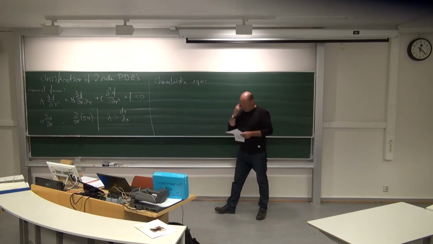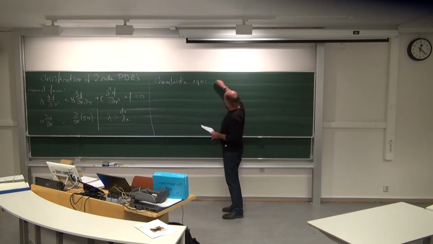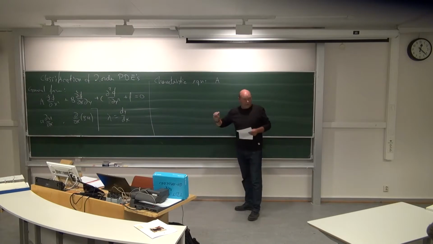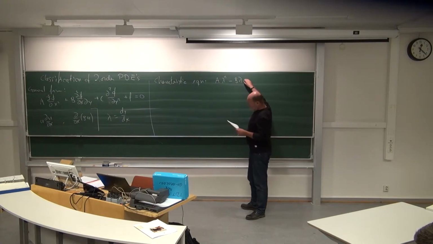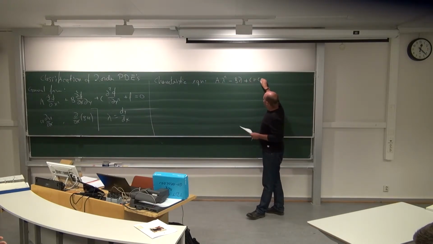Then we can rewrite this equation as an algebraic equation: A lambda squared minus B lambda plus C equal to 0.